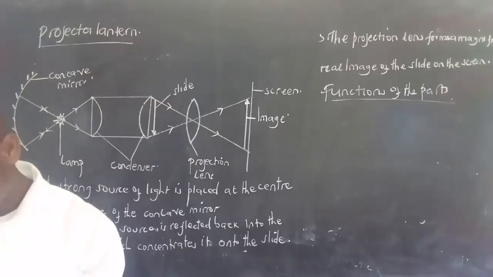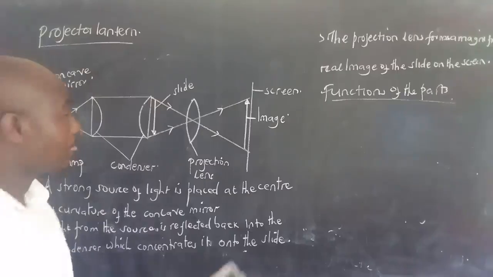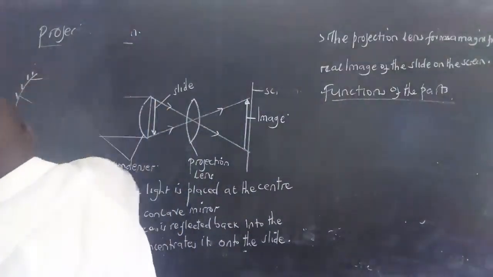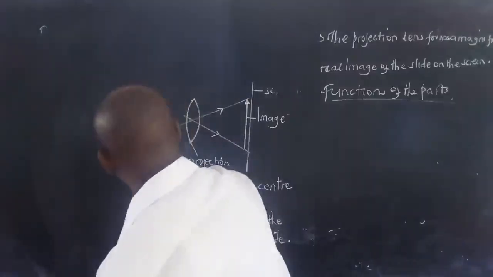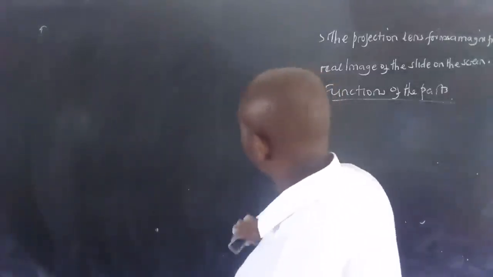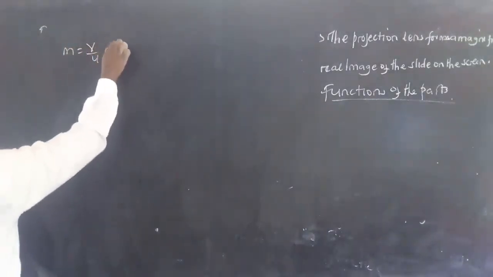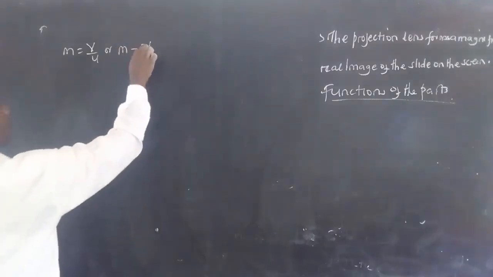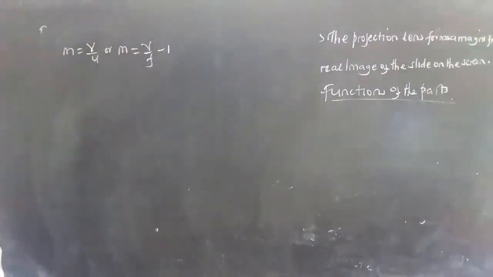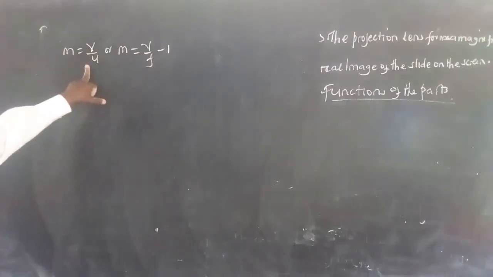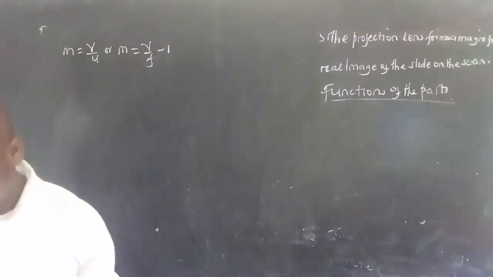Number three, the magnification of the slide is given by m equals v over u, or m equals v over f minus 1, where v is the distance of the screen from the lens, u is the distance of the slide from the lens, and f is the focal length of the lens.